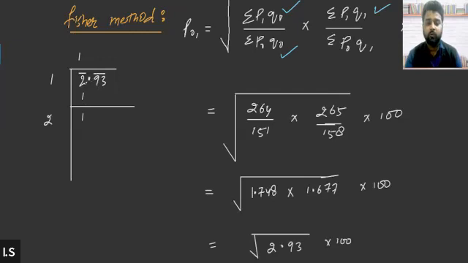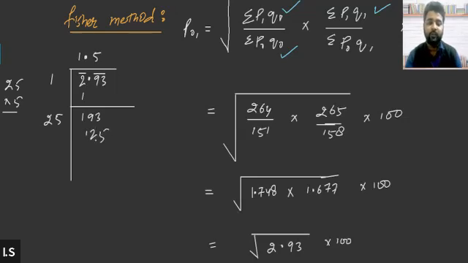Okay, now after 2 we have a decimal, so we will take this decimal upwards, and then carry down this value 193. Now let's suppose I take 5 here. I'll put 5 here also, and multiply 25 into 5. When you multiply 25 by 5, you get 125.